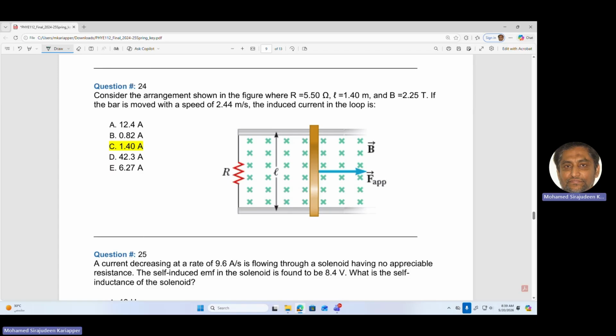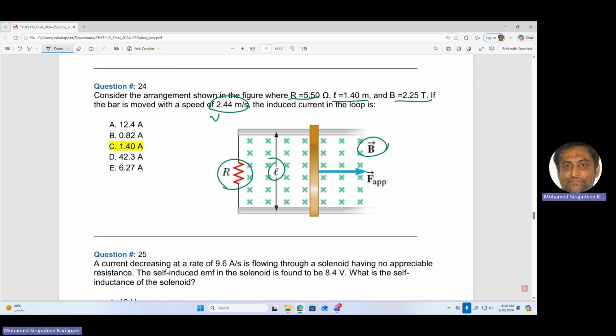Consider the arrangement shown in the figure where R is equal to 5.5, L is equal to 1.4, B is equal to 2.25. If the bar is moved with a speed of 2.44 meters per second, the induced current in the loop is, okay, so we have the R, we have the length, and we have the magnetic field, and we have the speed.